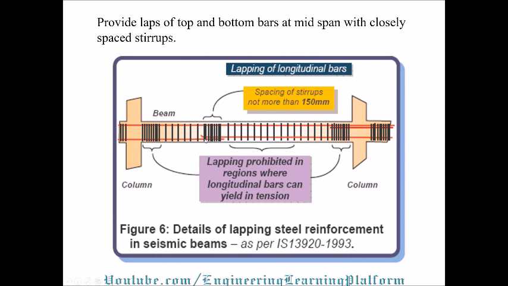If we have laps in the bars, then we have to confine the bars by providing the appropriate reinforcement and shear stirrups in the reinforced concrete beam. Spacing of stirrups should not be more than 150 millimeters, and this is per the Indian Standard Code. Lapping is prohibited in regions where longitudinal bars can yield in tension.